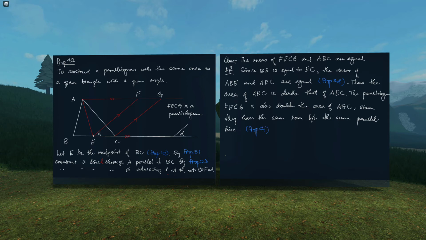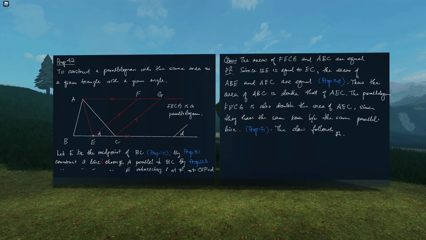Okay, so I'll just conclude it here, because we're showing that FECG is double AEC and ABC is also double AEC, so they must be equal. I think this is also one of those arithmetic caveats that Dan mentioned before.